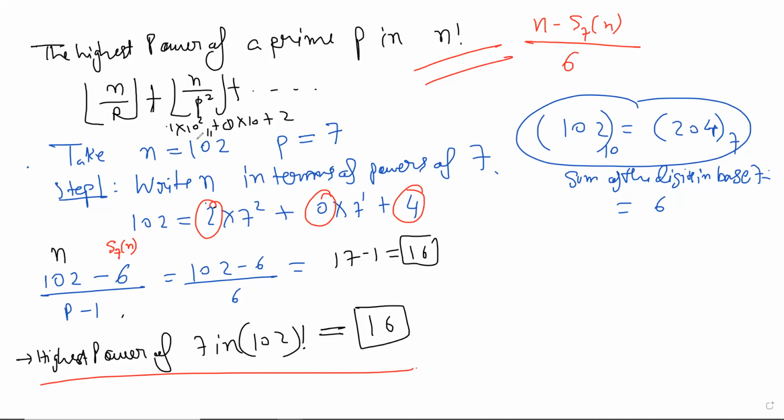So first question to everyone: is it clear what we have done? Okay. One of them is just finding the power of the prime P, or 7, in n factorial in the usual way. But the other is a slightly strange thing, right? n minus the sum of the digits in that different base, divided by 7 minus 1. So why are these two things the same is the question.